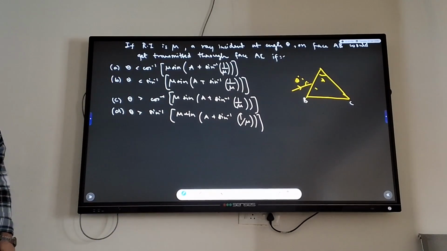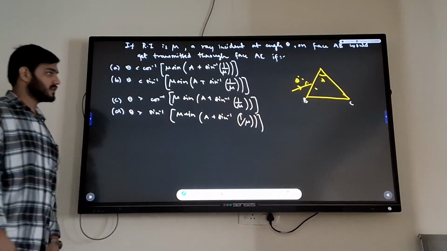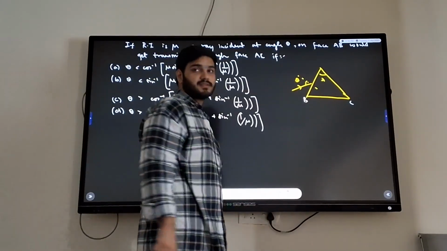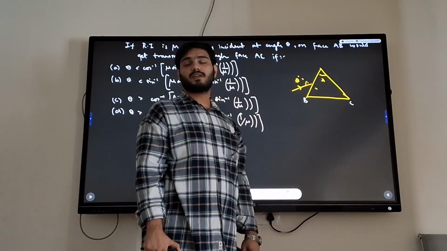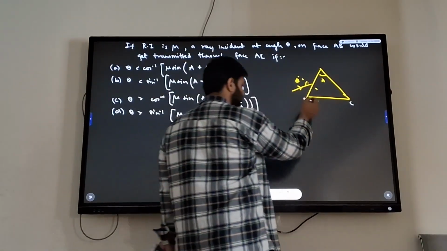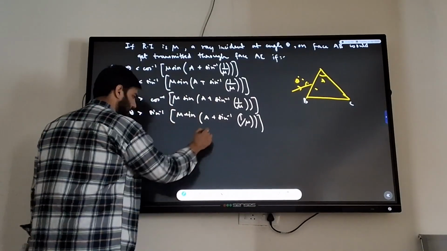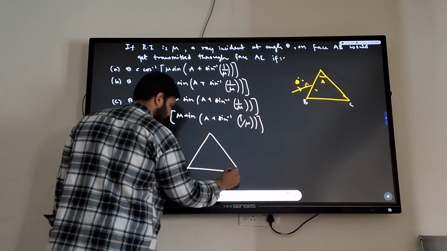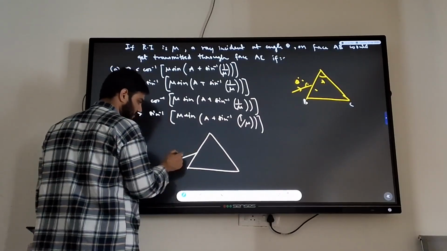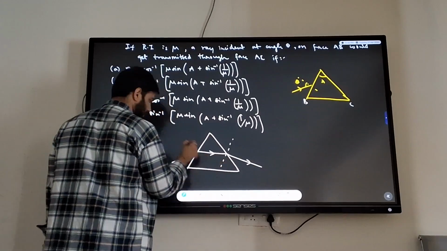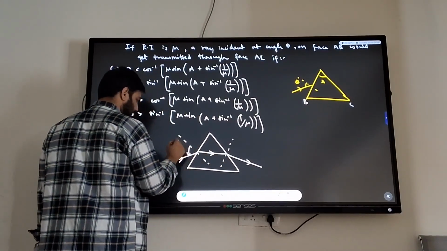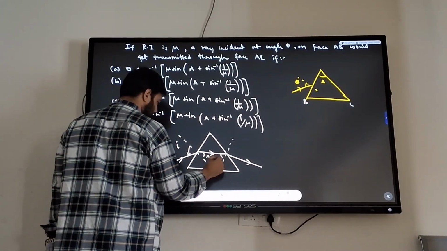It's given that at some angle you enter, and your angle theta should be in such a way that you should pass through AC. What was the no emergence condition, when it doesn't pass? When your angle of incidence, that means this R2. So let's talk about this. This is R1, this is R2.